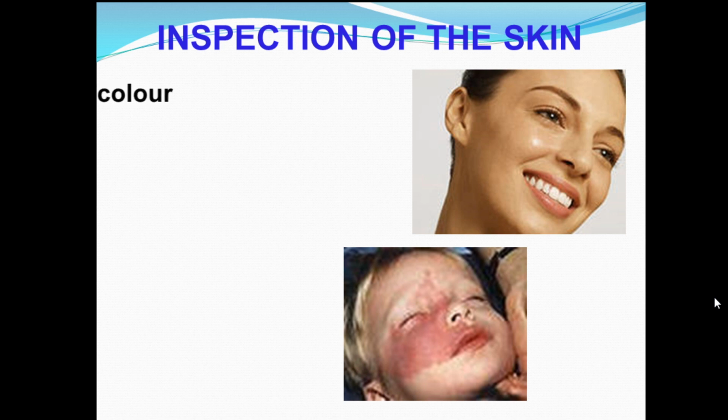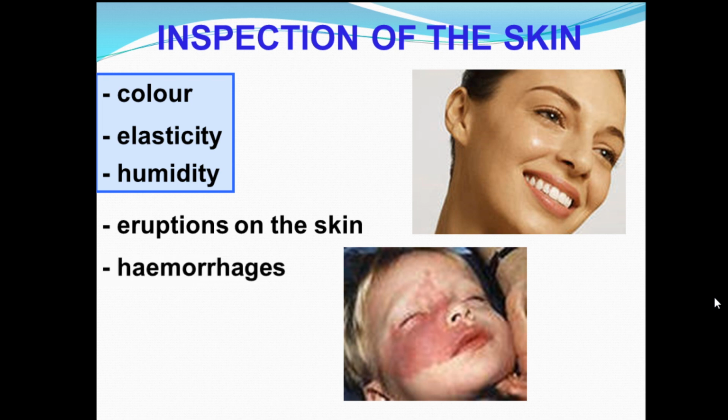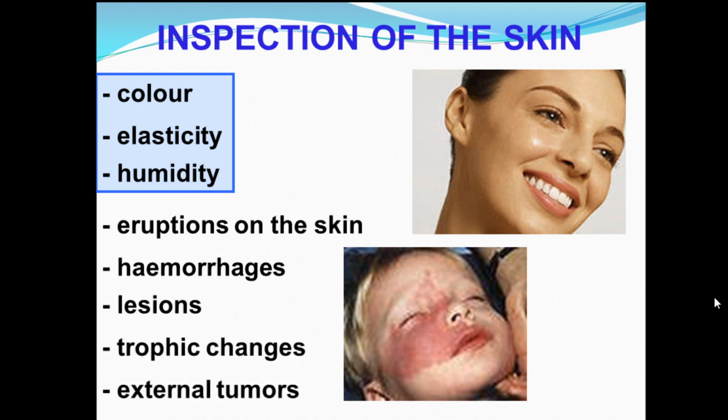During inspection of skin, we pay attention to its color, elasticity, humidity. We pay attention to some eruptions of the skin and other problems such as hemorrhage, lesions, trophic changes, and growth of external tumor.